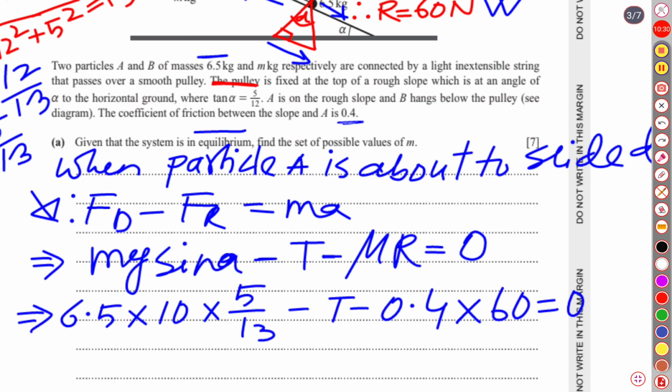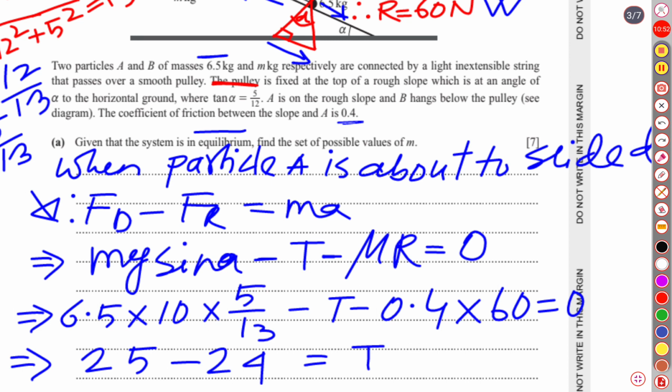Now if we isolate T, it goes to the other side. It is 6.5 into 10, 65. If we divide 65 by 13, it is 5, so 25 minus 24, since if we multiply 60 by 0.4, it is 24, and T can be isolated.